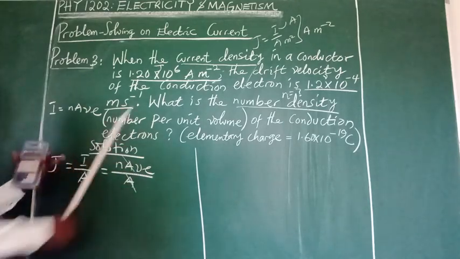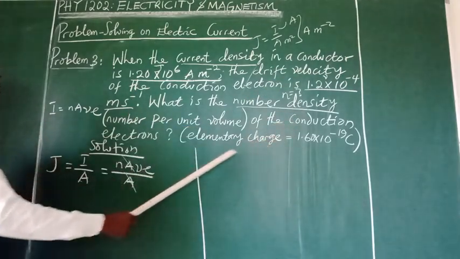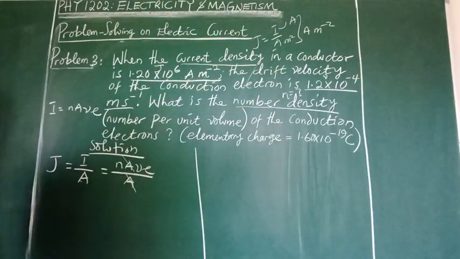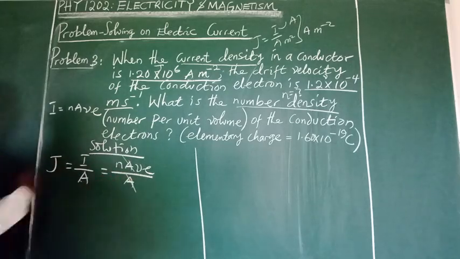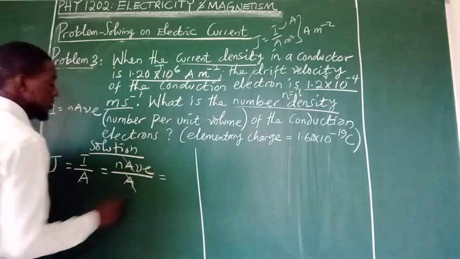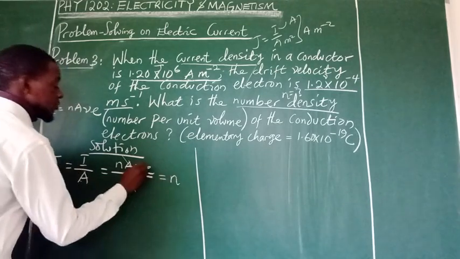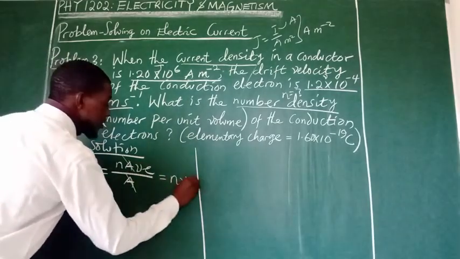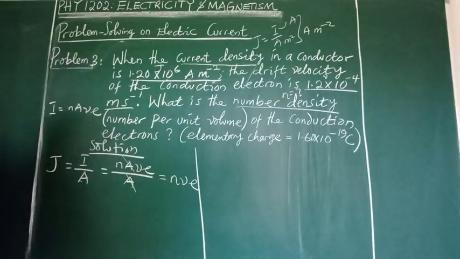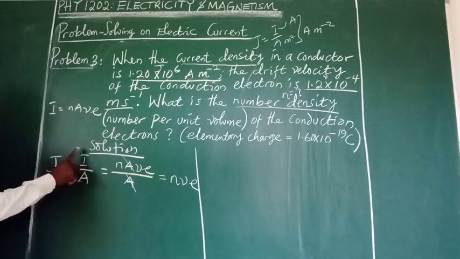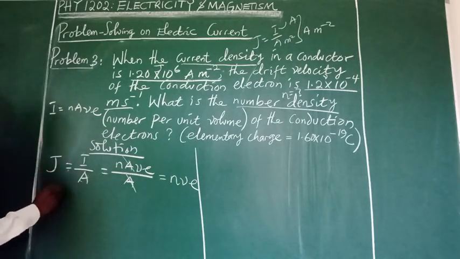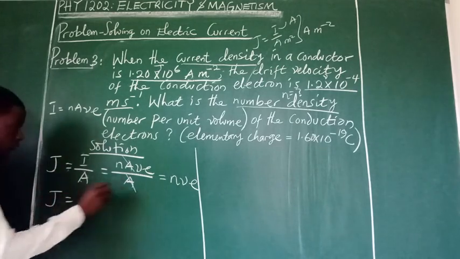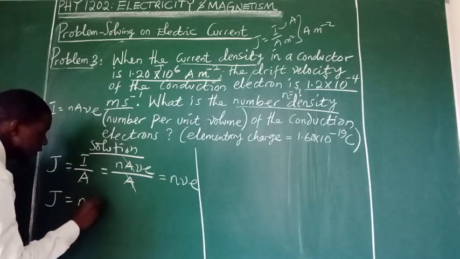Thank God, because we are not given the cross-sectional area anywhere here, so we don't need it. Interestingly, it cancels. This is equal to nve. So instead of using J equals I upon A, I can simply use J equals nve.